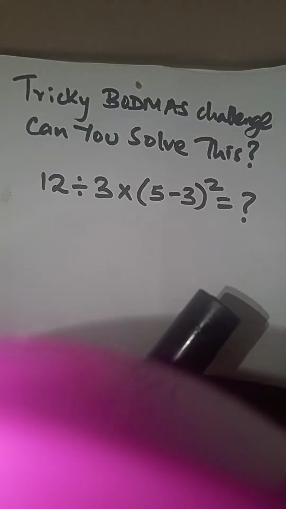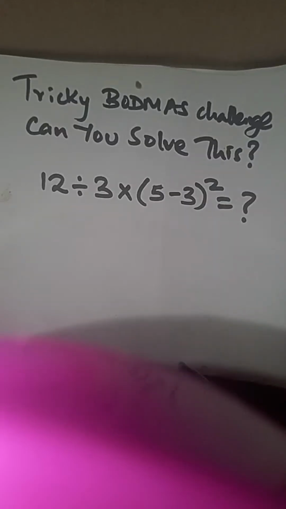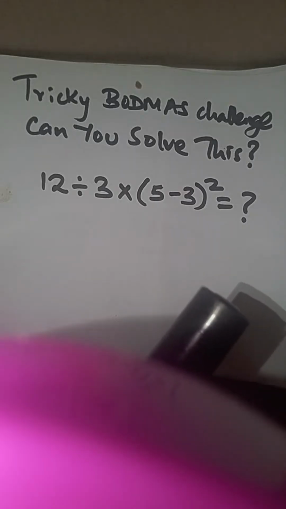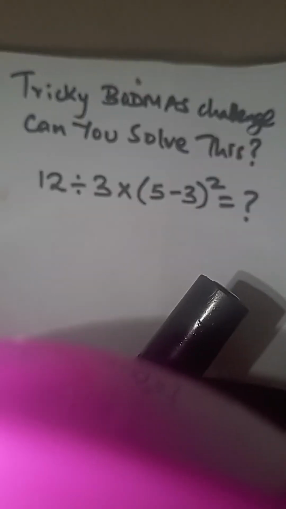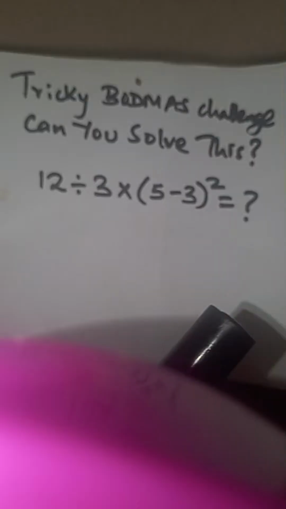Abu Haider is saying that Austin is exactly right, "of" is equal to multiplication, but if there is "of" and multiplication together, we do "of" first.